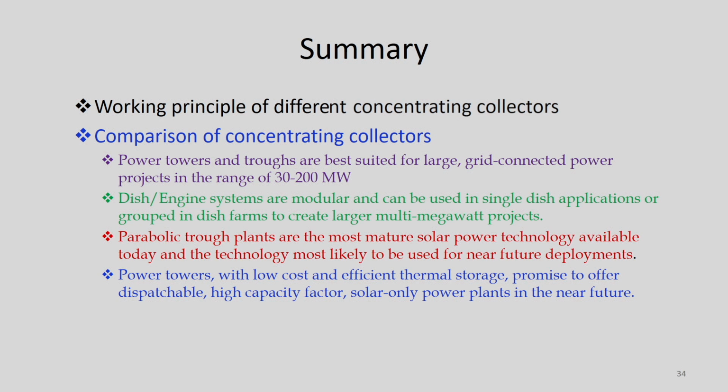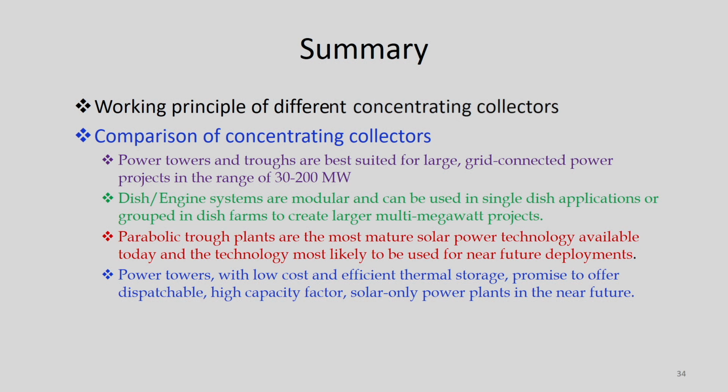It is found that power tower and parabolic troughs are best suited for large grid connected power projects in the range of 30 to 200 megawatt. Dish engine systems are modular and can be used in single dish applications or grouped in dish farms to create large multi megawatt projects.